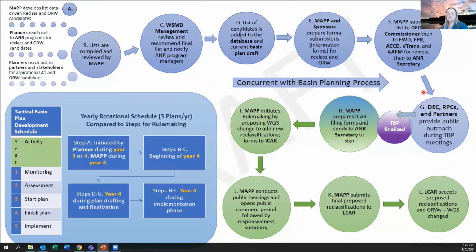So there's going to be, I have all these proposed right now. So they will go through the public process as people review the draft tactical basin plan over the next couple of months. So that's kind of the first level of public outreach and input, as the tactical plan gets approved.